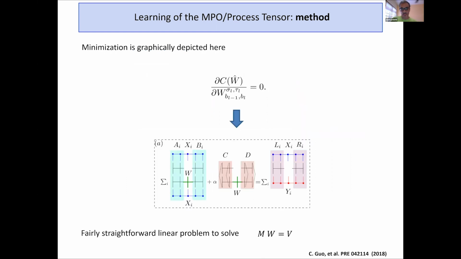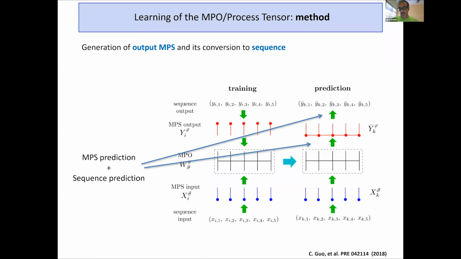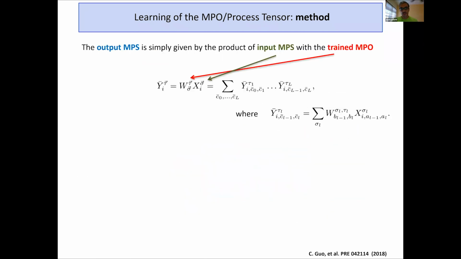And this will give you very good results because this problem becomes a linear problem, and you can solve it either exactly or with Lanczos methods to get approximations of your MPO.